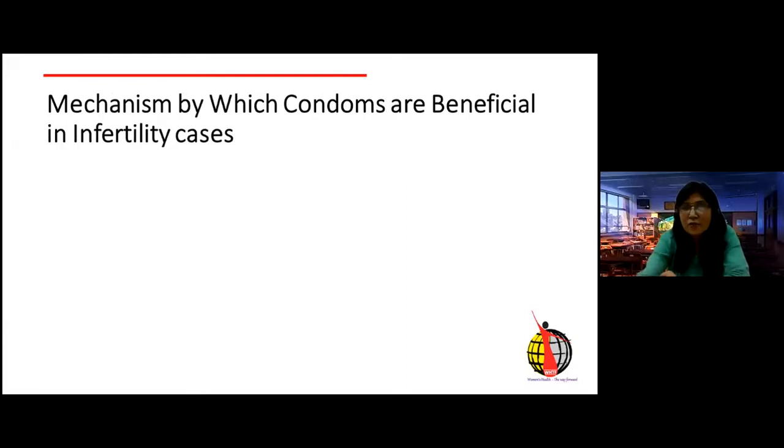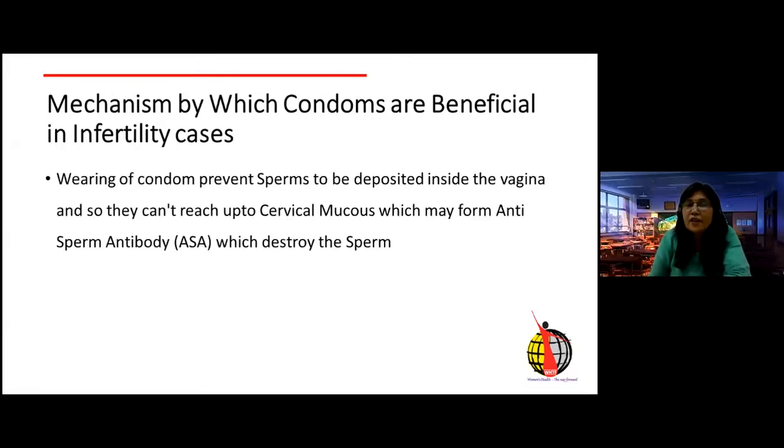The answer is, wearing a condom prevents sperms from being deposited in the vagina and reaching the cervical mucus, and reduces the anti-sperm antibodies, which destroy the sperm. So in females who have a high level of anti-sperm antibodies, the male partner is asked to use condoms for at least 3 months, and that is how it helps in infertility treatment as well.